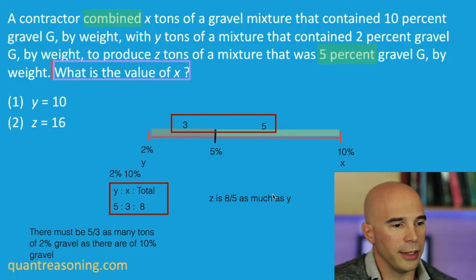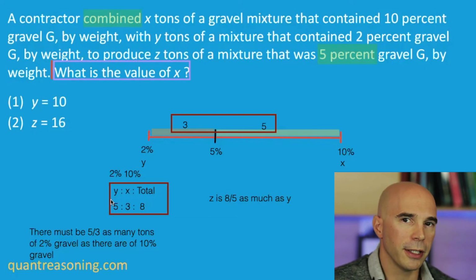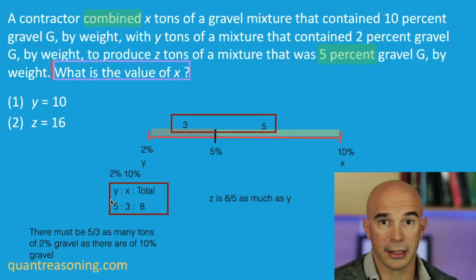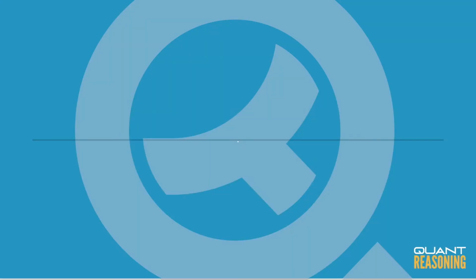Horizontally is what I was doing here, right? Is looking at this and saying, oh, okay, so Z is 8/5 as much as Y, or it's 8/3 as much as X, or X is 3/8 as much as Z, or X is 3/5 as much as Y. It's very useful in the GMAT to be able to have that flexibility to look at ratio tables both vertically and horizontally.